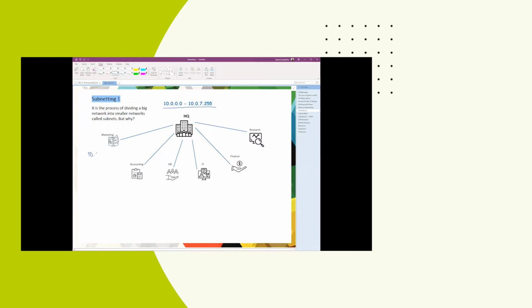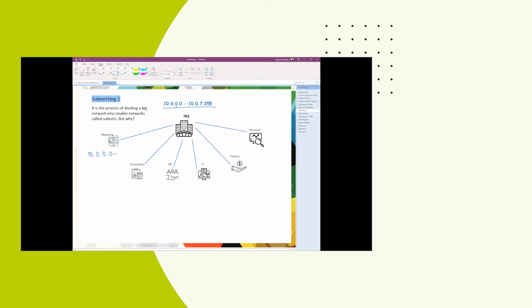So it's 10.0.0.0. And they have decided to use this octet to separate all the different subnets.